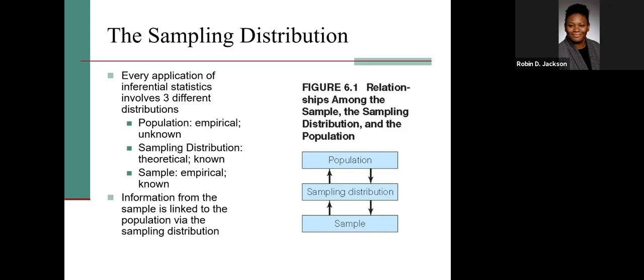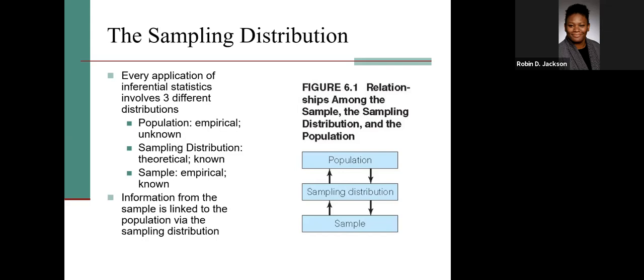Because that sampling distribution, as was mentioned in the definition, is a statistic for all possible outcomes of a certain size. And the conditions specified in the two theorems that I'm going to talk about are what help it get to a normal shape. And so that's part of what helps link those two.